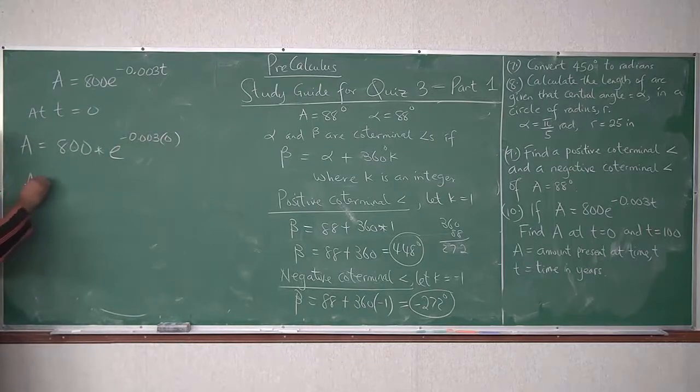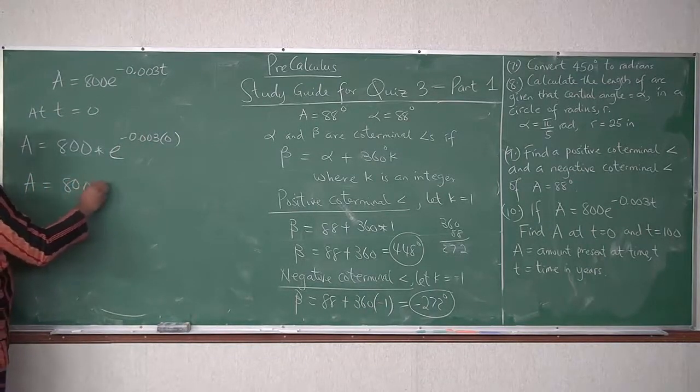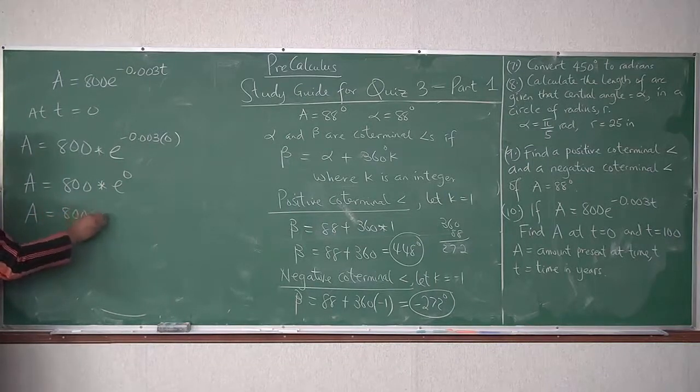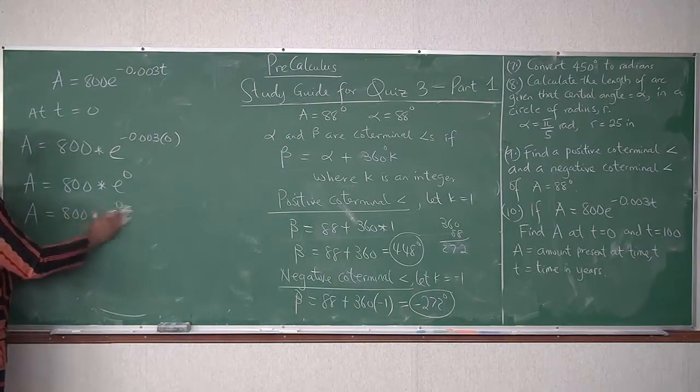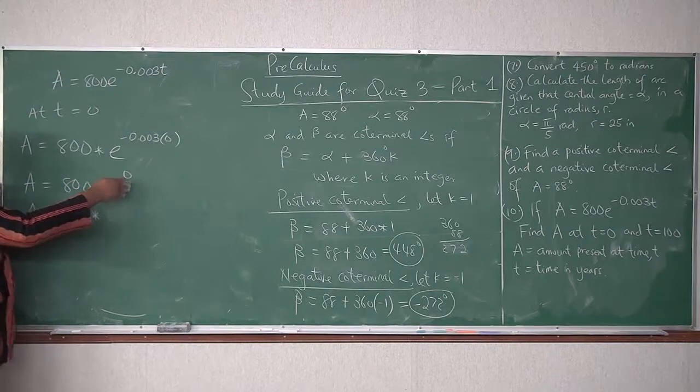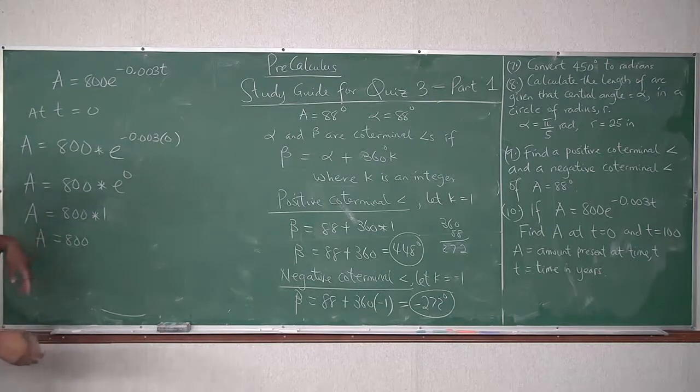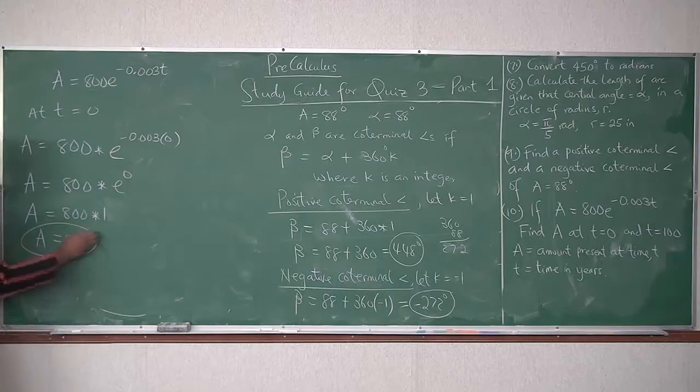So A will be 800 times E raised to power 0, and anything raised to power 0 is 1. So A will be 800. They didn't give us the unit.